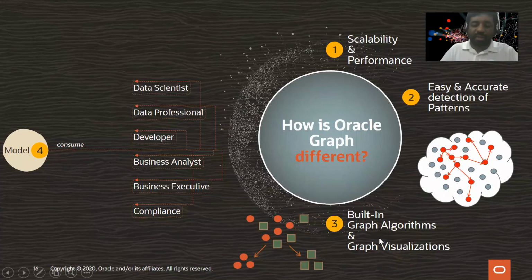It obviously has a list of built-in algorithms as well as graph visualization patterns and can be leveraged by various roles like the data scientist or the data professional, the data developers, the business analyst, the executive, or from a compliance perspective. And the models can be consumed in multiple ways. You can even write APIs and then generate the graph in a custom web module.